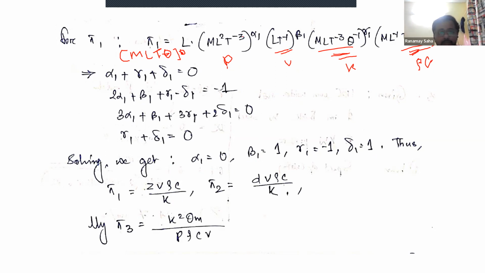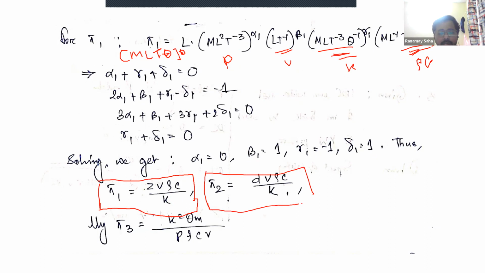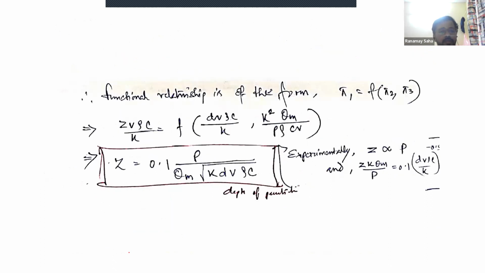That way, after you place them in their respective places, you find the pi 1 variable as Z V rho c upon K, and then in a similar way you find pi 2 as D V rho c upon K. So that way you find pi 3 as K squared theta upon P rho c. So now you get to find the final relationship. Pi 1 is a function of pi 2 and pi 3.